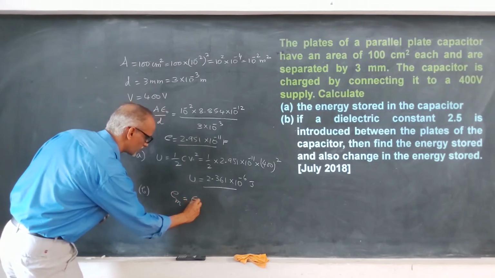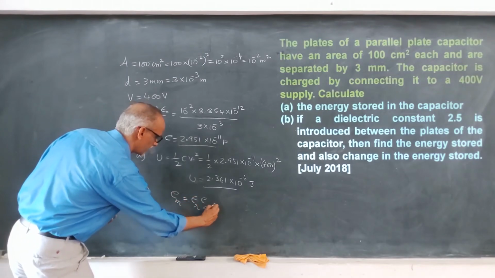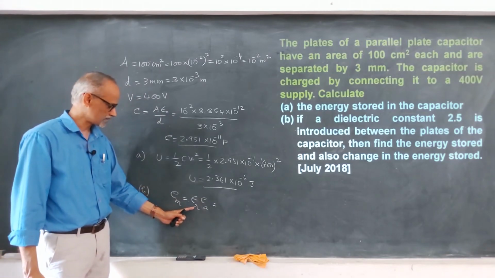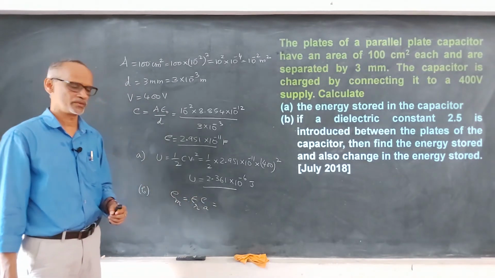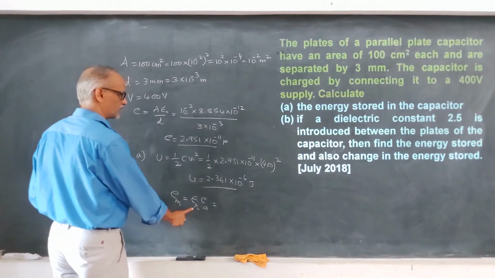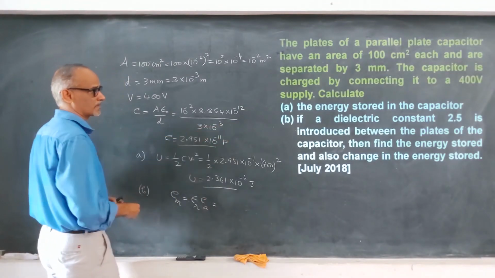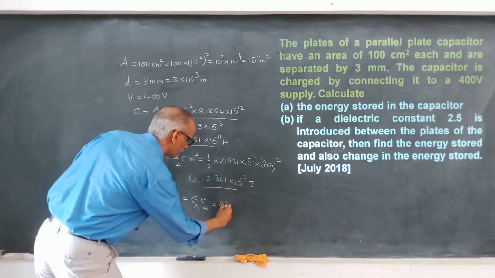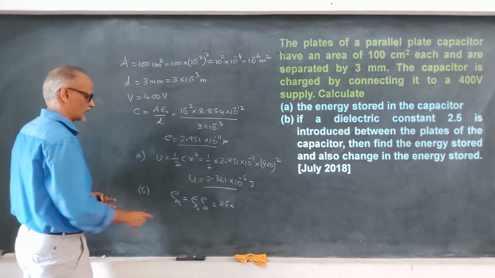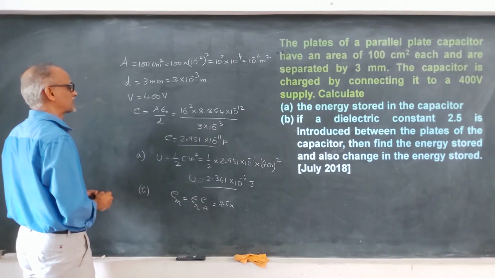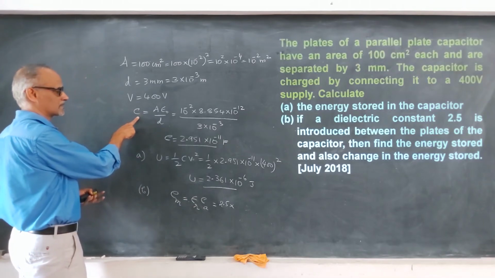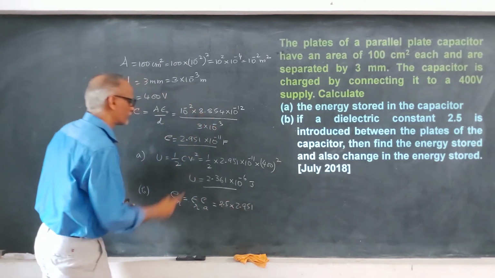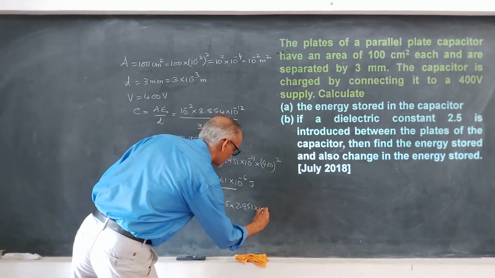Capacitance in a medium is equal to epsilon r into capacitance in air, correct. In the last class we have given it, epsilon r is equal to Cm by Ca was the formula used. So, what is epsilon r here? It is given, a constant of 2.5, into what is the capacitance in air? This is the capacitance in air, which is 2.951 into 10 to the power minus 11.